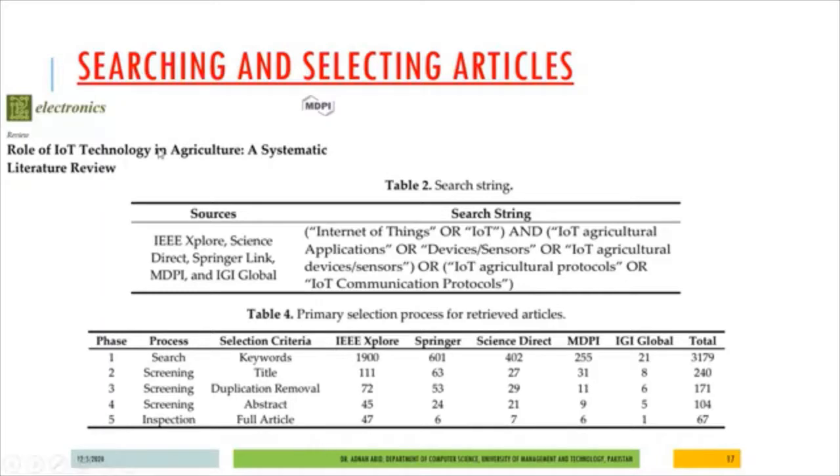Again, for the role of IIT agriculture paper that we are considering for this study for the discussion, these are the portals and these are the keywords which have been used. And here, keyword, title, duplication removal, and abstract and full text, we can see how many articles were left after different steps of screening, and eventually we selected 67 articles out of 3,179 and excluded the rest.